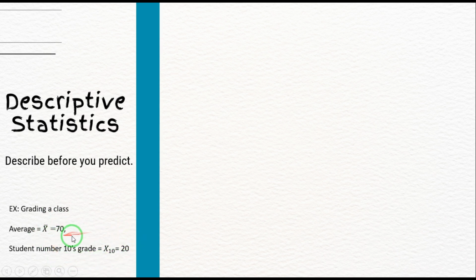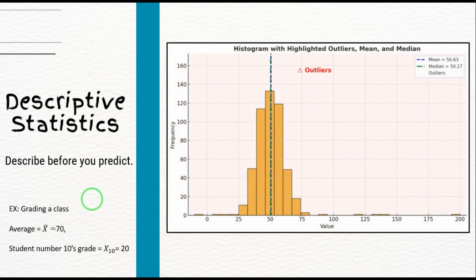If the average score is 70 and one student, for example, gets 20, that instantly tells us something is off. That's exactly what descriptive statistics do. They let you listen to your data before you even start modeling it. In ML, this step helps you detect outliers, bias, and bad data, which are the silent killers of good models.